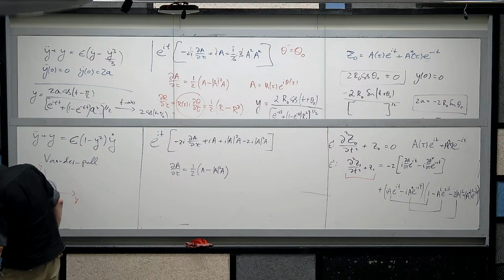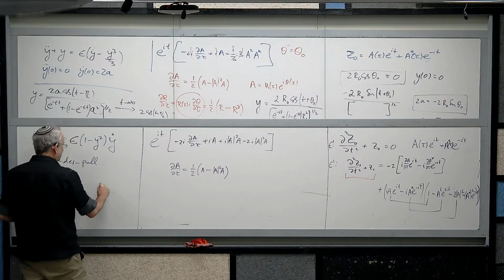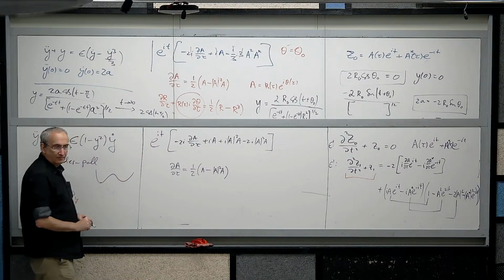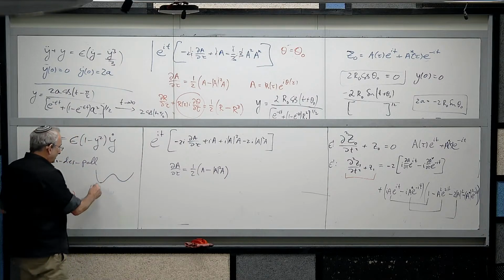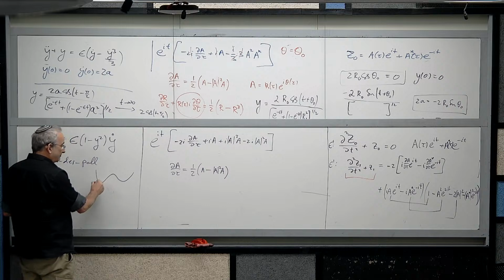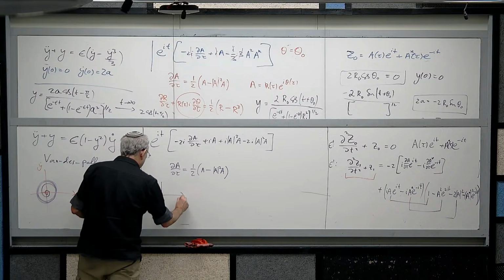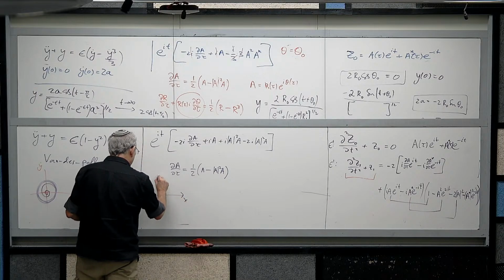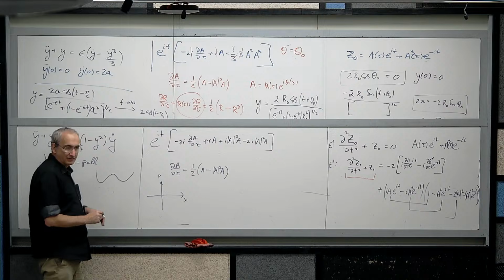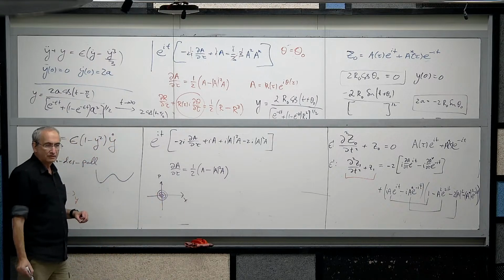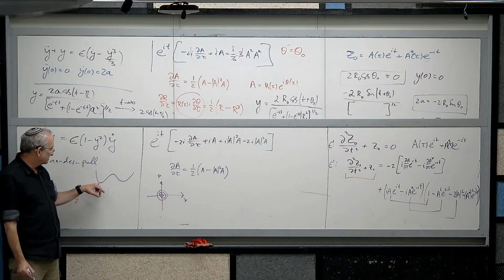If your potential is like that, you may be here, in which case, around this point, you have stable oscillations. So if you plot it, for example, in the x, p or v, whatever, plane, if you start here, you have something like that. Around it, you're doing something like that. This is called the center.